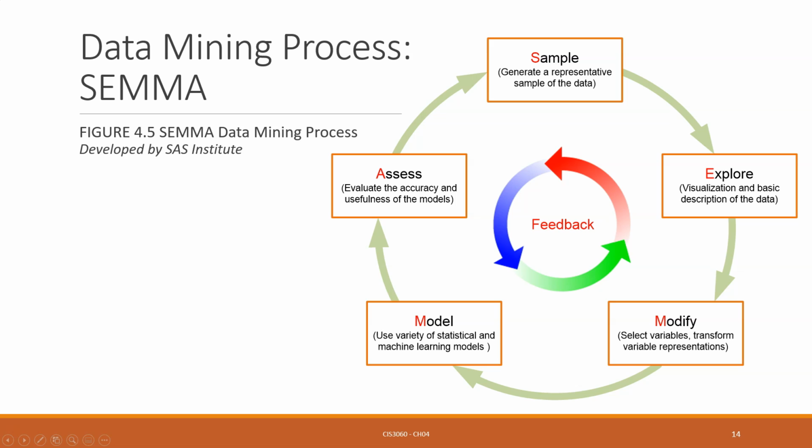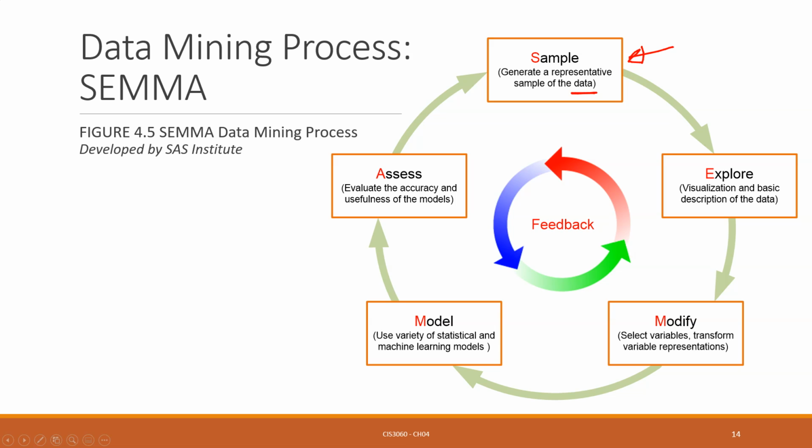Now, another data mining process is SEMMA, which stands for Sample, Explore, Modify, Model, and then Assess. It's a lot like the CRISP-DM, with one exception. We don't have any kind of definition before sampling as far as what the business problem is. So SEMMA might be less accepted in businesses, but it still has the same general processes.